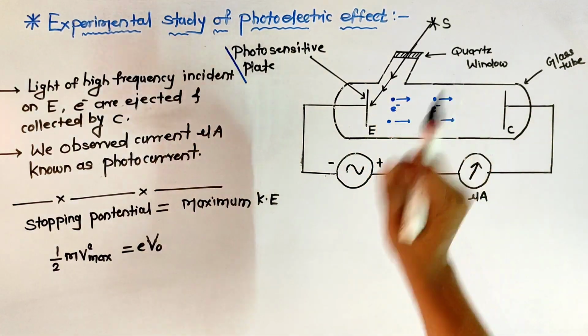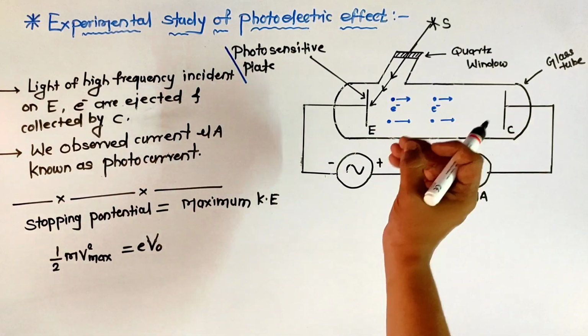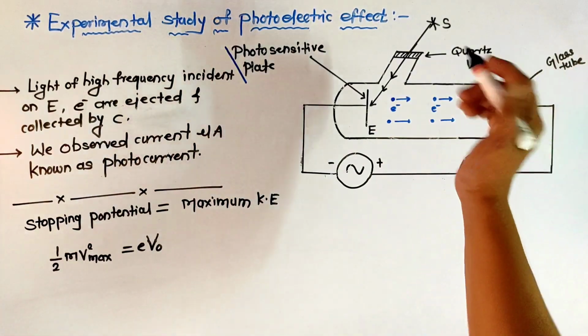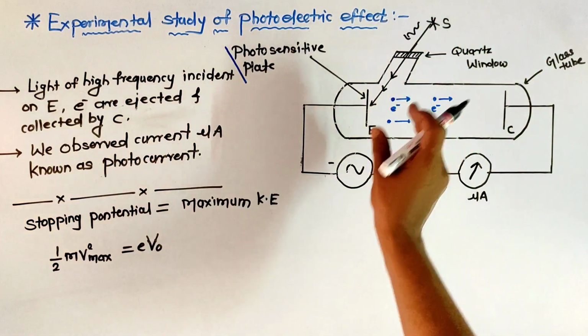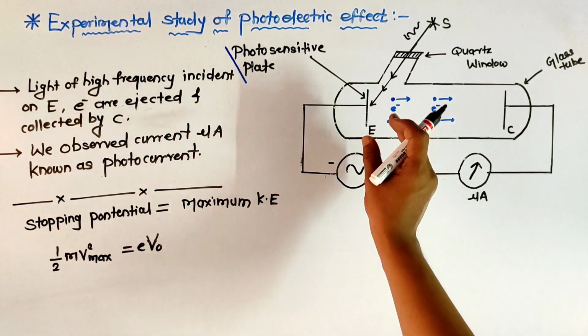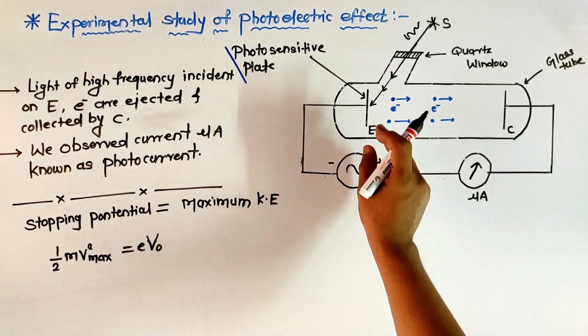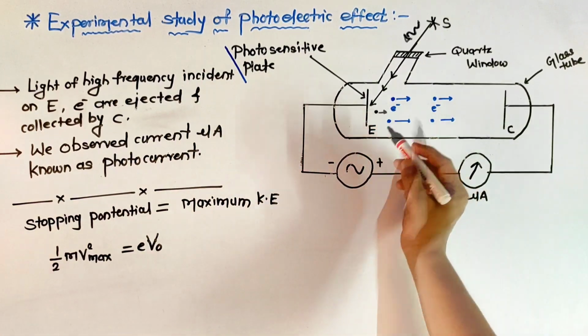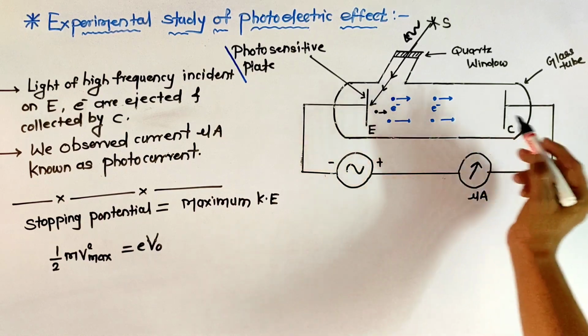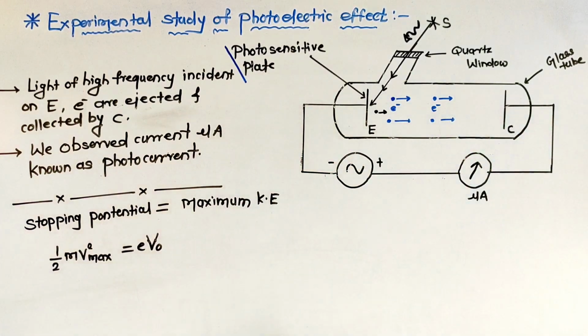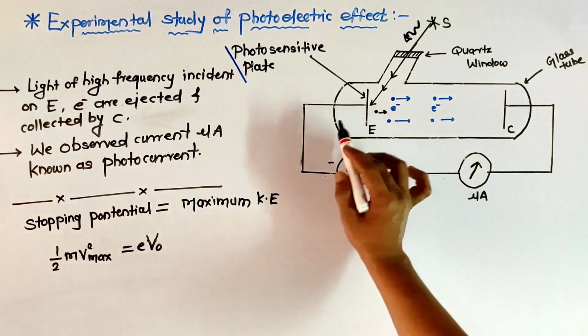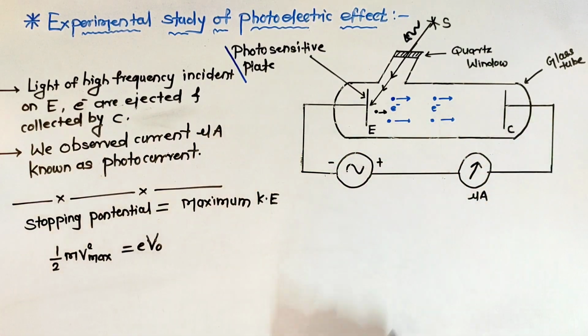A photosensitive plate is a special type of plate. When one photon is incident on this photosensitive plate, it emits one electron, and this emitted electron is collected by the collector. This plate is my collector, this is my emitter, and the collector and emitter are connected by a wire.